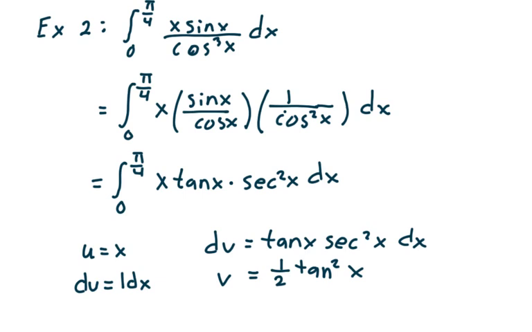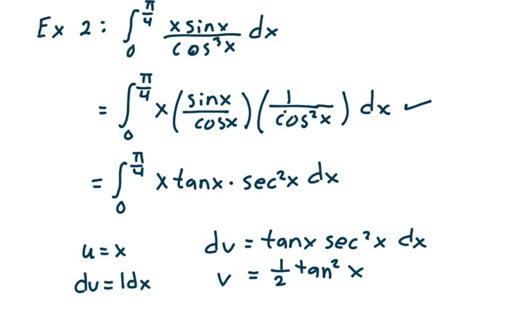If we take a look at example 2, we have the integral from 0 to pi over 4 of x sine x over cosine cubed x dx. So this is the integral from 0 to pi over 4 of x times sine x over cosine x times 1 over cosine squared x dx.